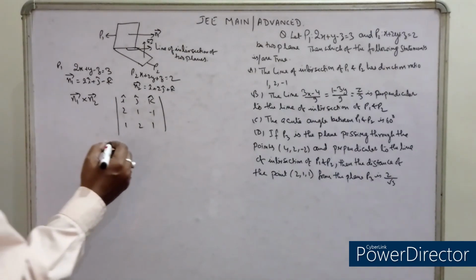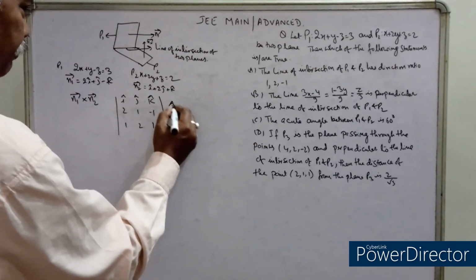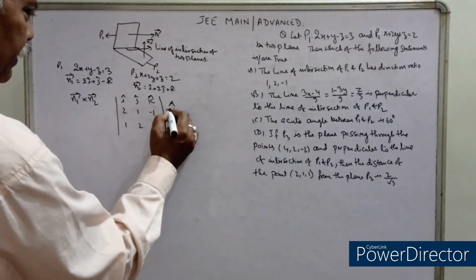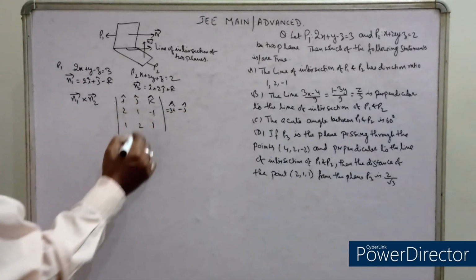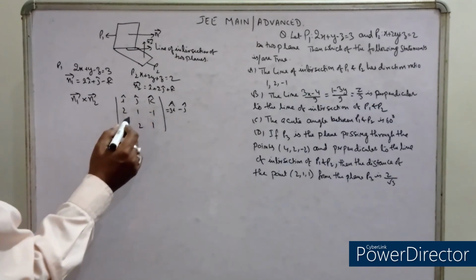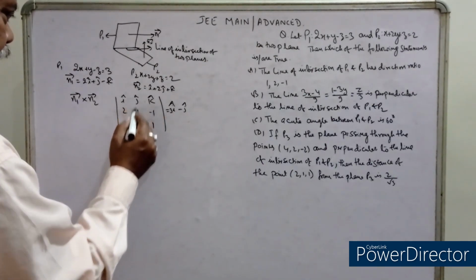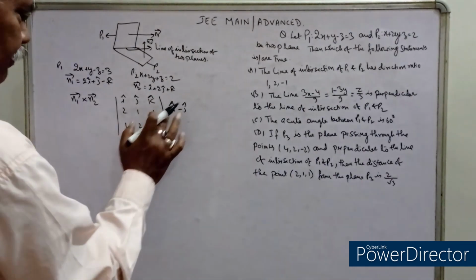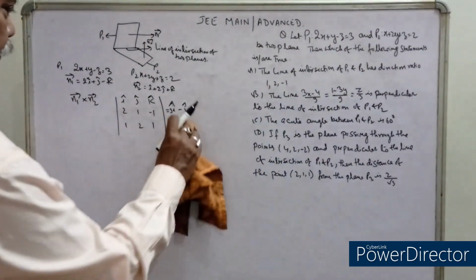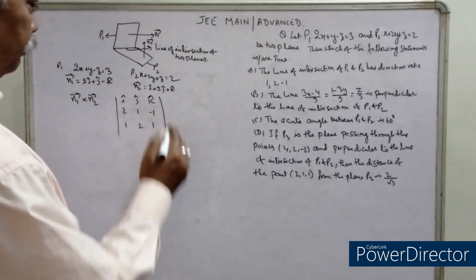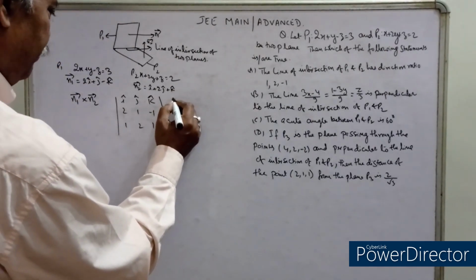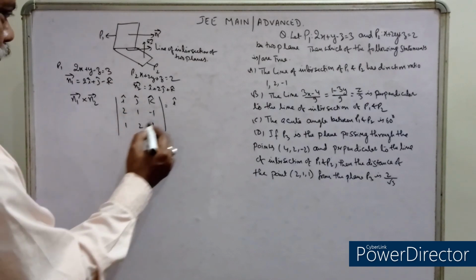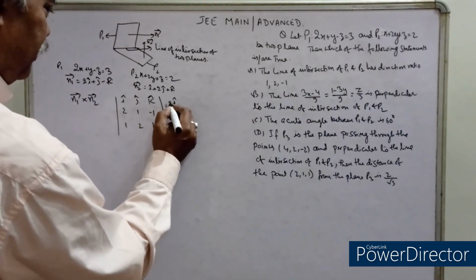So if I do the cross product, first for i cap, this and this remove, so 1 minus minus 2, that means plus 2, this will be 3 i cap.